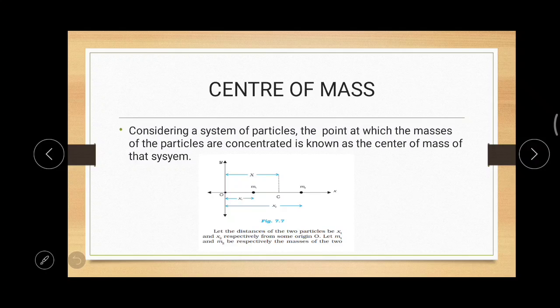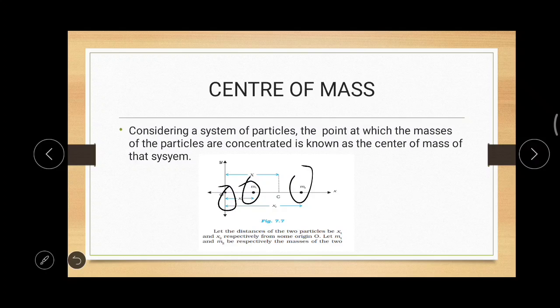Okay, so here in this figure we can see two particles of mass m1 and m2. The axis of rotation, or we can say the origin, is this one.